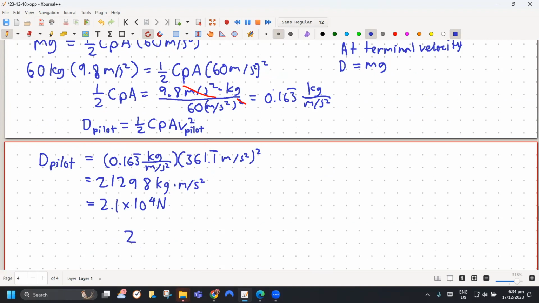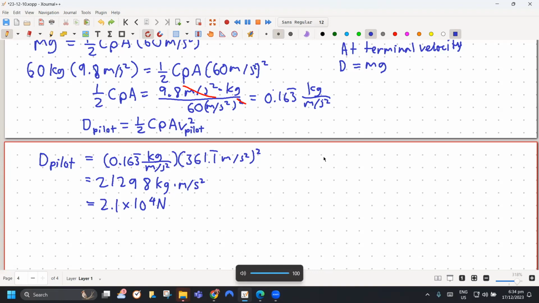Okay, now as a multiple of the, okay, that's enough. So the drag experienced by the pilot is 2.1 times 10 to the fourth newtons.